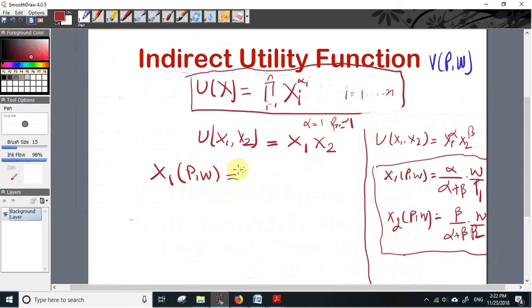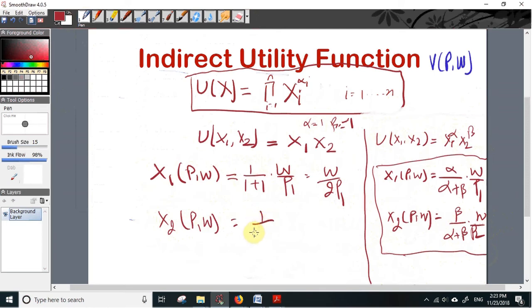So the Marshallian demand function for the first commodity is 1 over 1 plus 1 times w over p1, which is w over 2p1, and the Marshallian demand function for the second commodity is the same, w over p2.